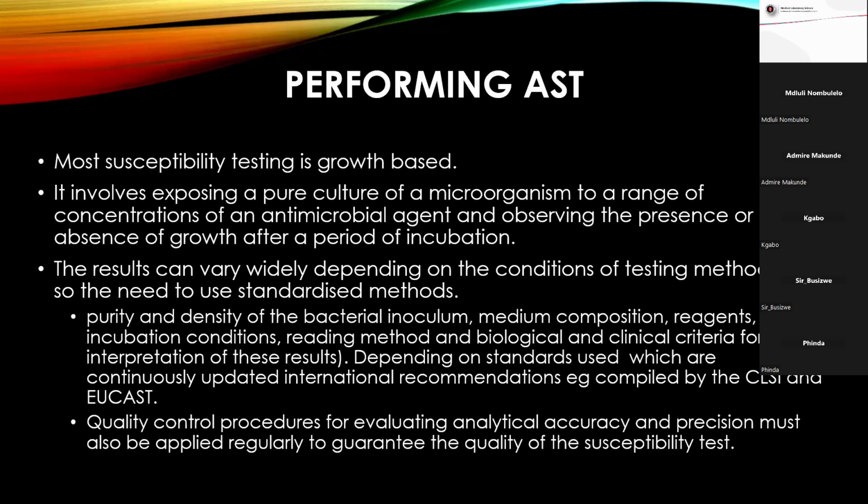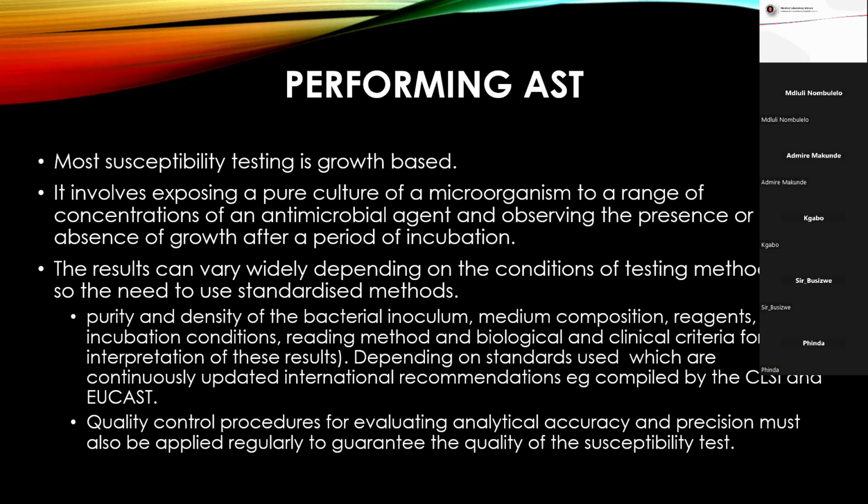Then the second day, where you do a pure culture, you can just go to PCR. But there's a catch with PCR: does it provide susceptibility or does it provide the resistance pattern only? So mostly the commonly used and best method, which would give you a decision, is the growth method.